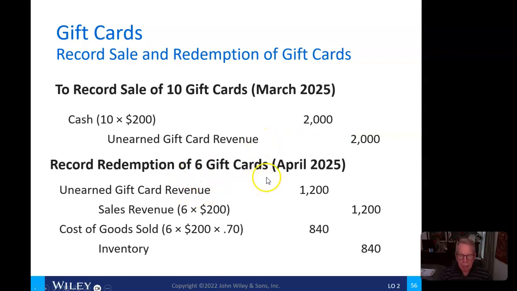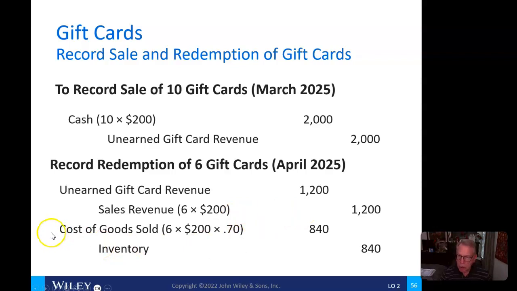Then in April, we're going to record the fact that 6 of them were redeemed, 6 of the 10, or 60%. So we're going to say $1,200 of sales revenue will credit, and will debit or reduce our liability by $1,200 for the gift cards redeemed.